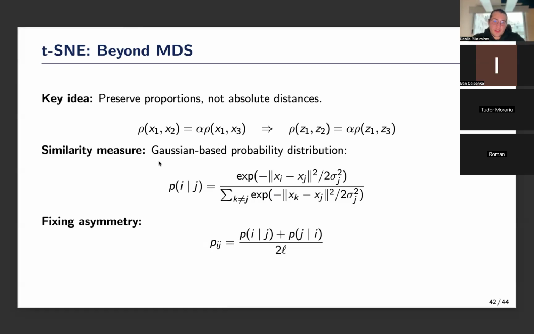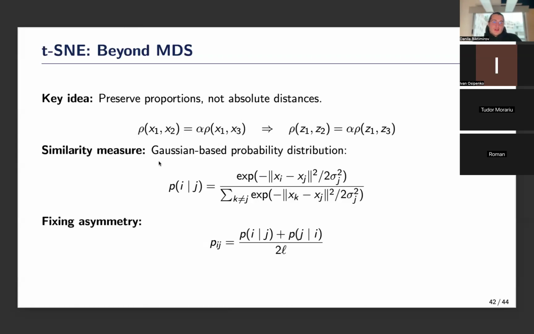Then the relations in the original space and the new space are the same. A normal distribution is used to measure similarity between objects in the original space with this formula. We normalize these similarities so that we obtain a distribution vector of distances from object x to all other objects.